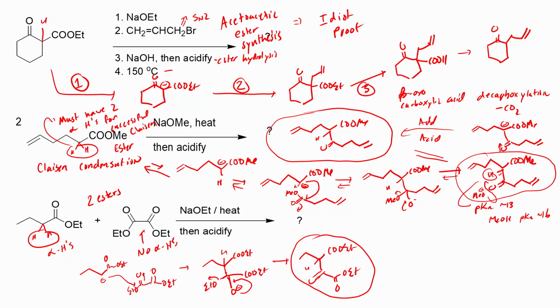If you want to get really fancy, you could probably say that final product is a type of ketone that might be more stable as an enol, okay? Because it's alpha to one carbonyl and beta to another carbonyl group.